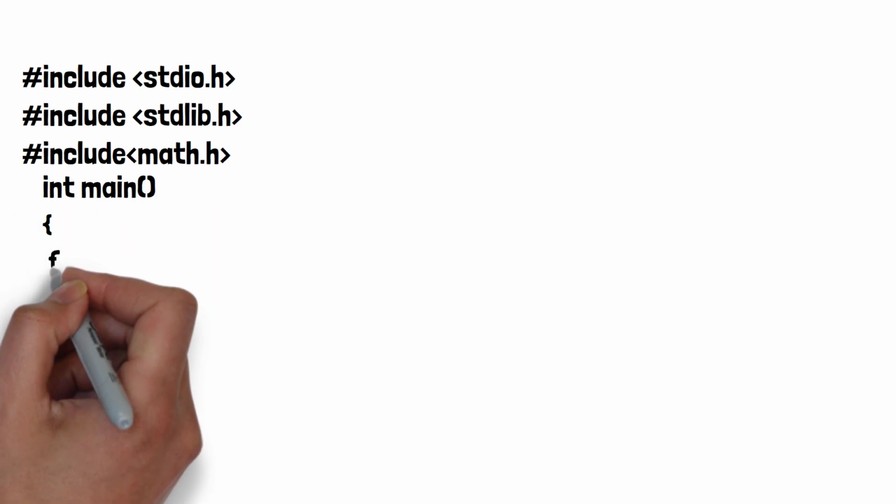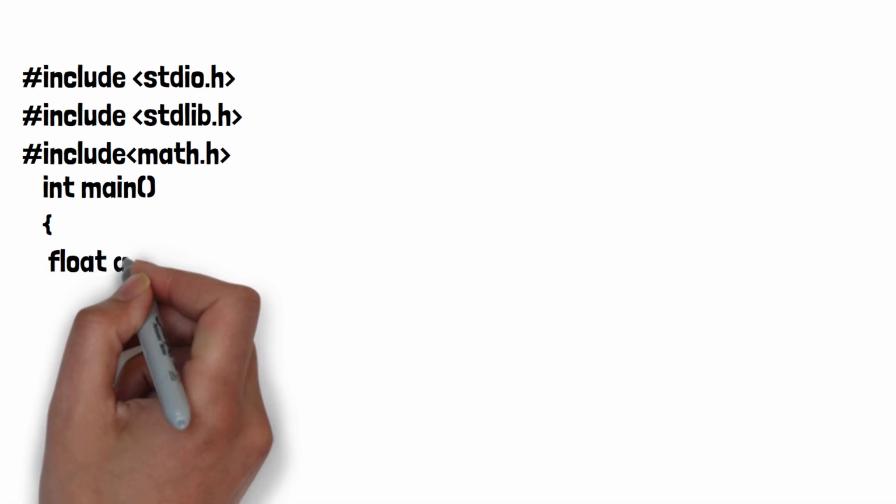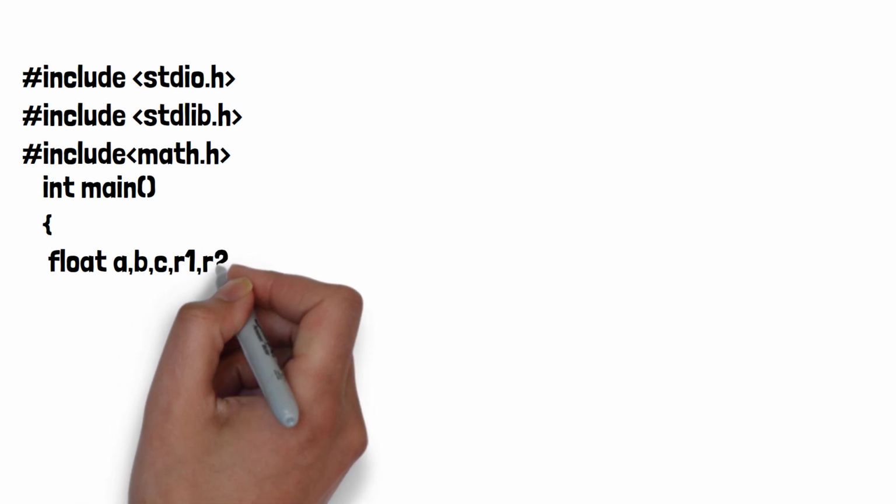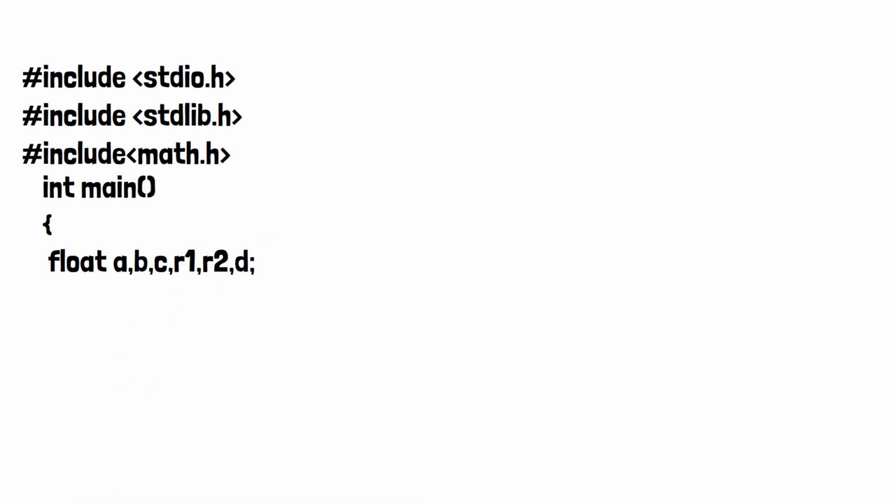Now the next step is declaring the variables. So now we are declaring a, b, c, r1, r2 and d. These are the variables that we are declaring, and the type of these variables is float. That means these can take values like 3.2, 4.2 and so on.